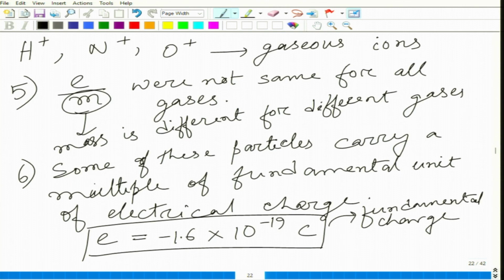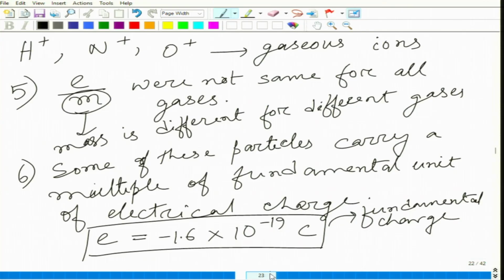So, if protons and electrons, which were now called the anode ray particles, if the anode ray particles and the electrons together maintain the neutrality of the atom, then each anode ray particle must have equal charge to that of the total charge of electrons in that system.